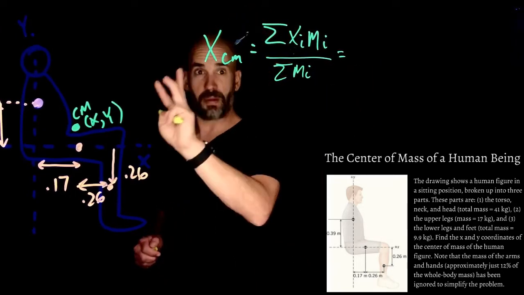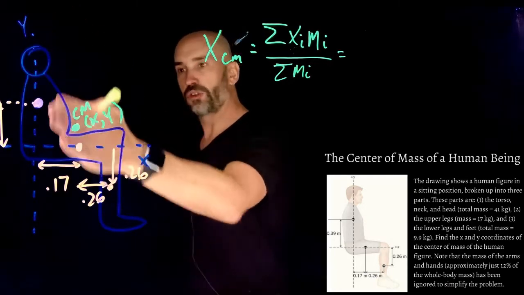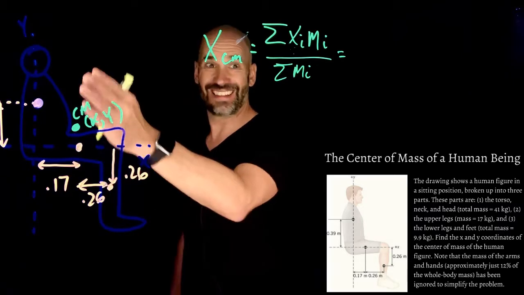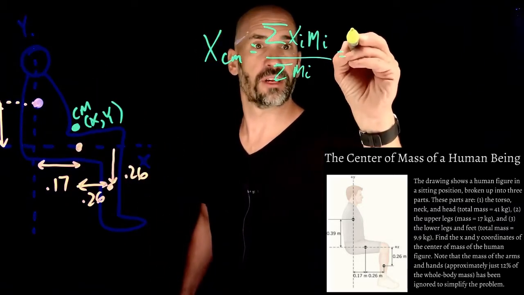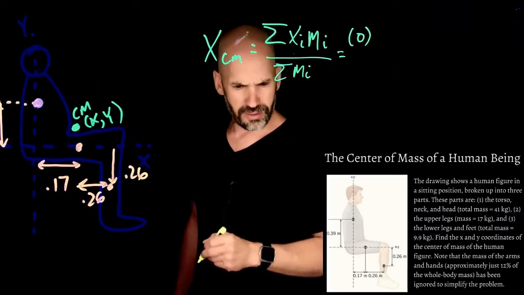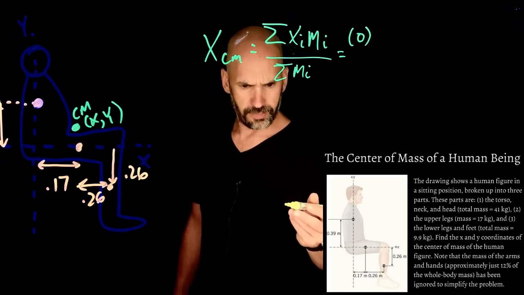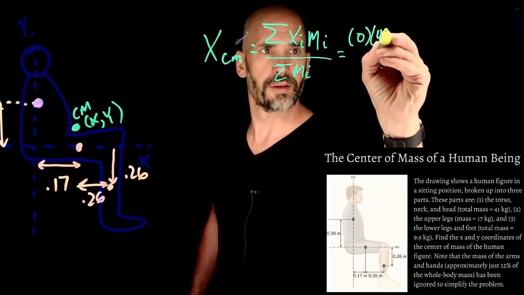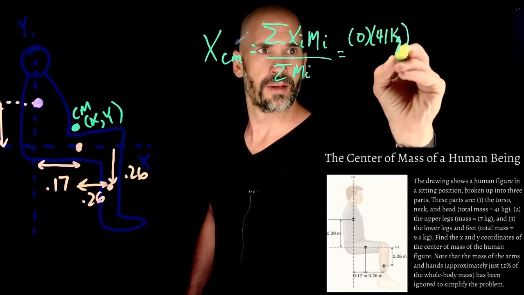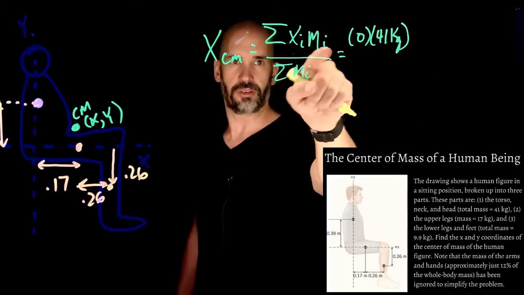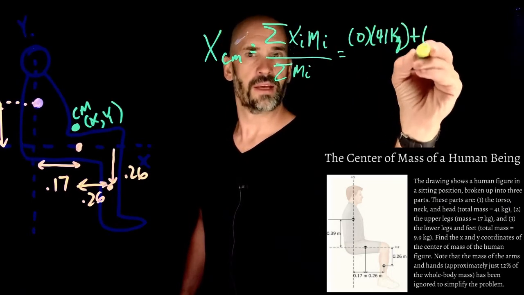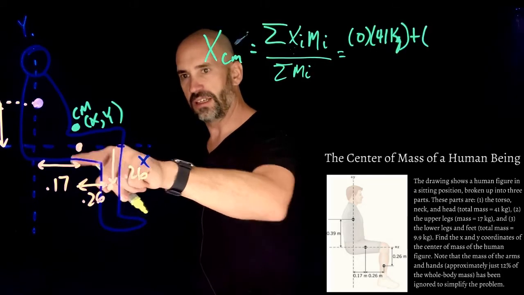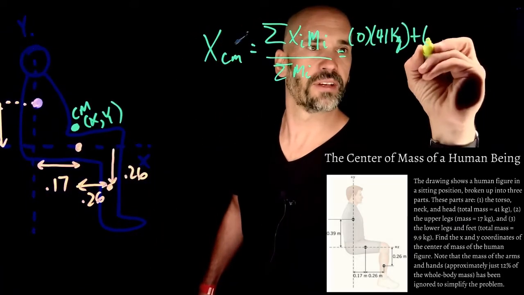Okay, so now I have three particles, right? So what is the x-coordinate of the upper body? Well, the x-coordinate is 0, right? So my first one is just going to be 0 times the mass of the torso, neck, and head. It looks like it's 41 kilograms, not that it matters, because that's just going to go to 0. Plus, what is the x-coordinate of the upper legs? Well, that's 0.17.